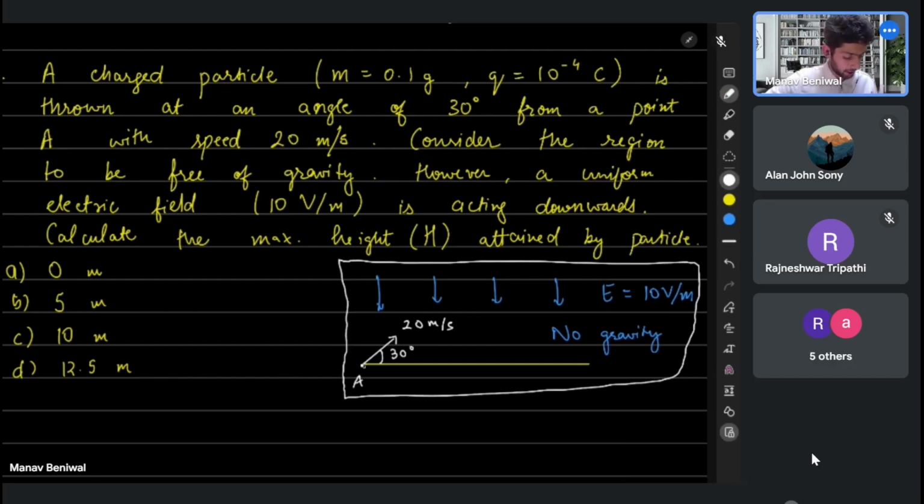There is a point A from where we throw a particle which has mass m and charge q at an angle of 30 degrees with a speed of 20 meters per second. You can already guess that this will go like a projectile, like this. And we want to calculate this maximum height h.